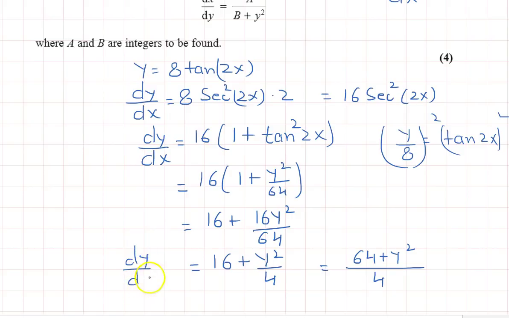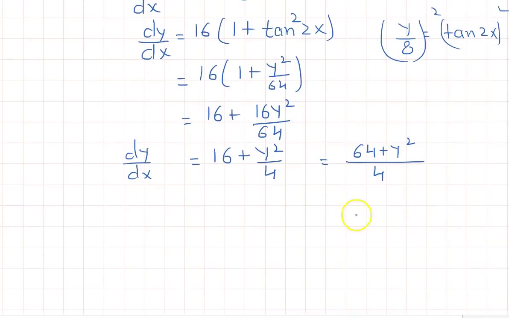So dy over dx is 16 over that, but what we have to prove is dx over dy, the reciprocal.